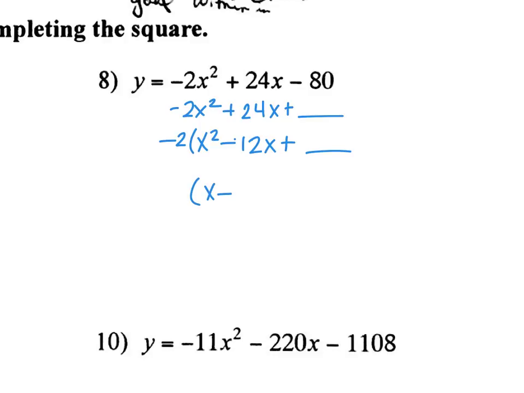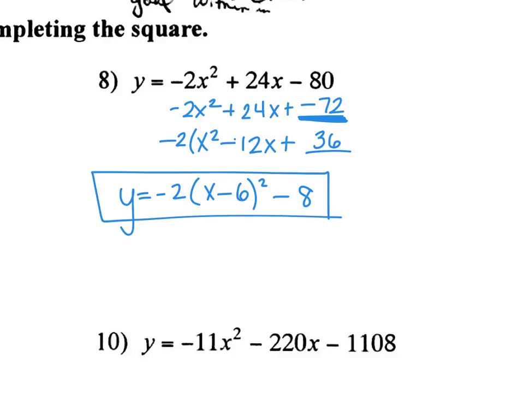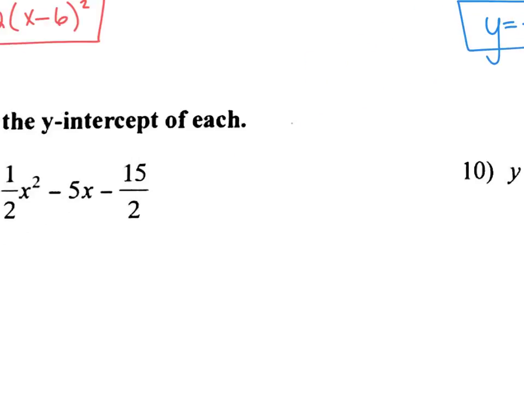Take half, x minus 6 squared. Bring the negative 2 down. Negative 6 squared is positive 36 times negative 2 is negative 72. So I have negative 72, but I need to get back to negative 80, so that's going to be minus 8. So there's my formula, y equals. There you go.